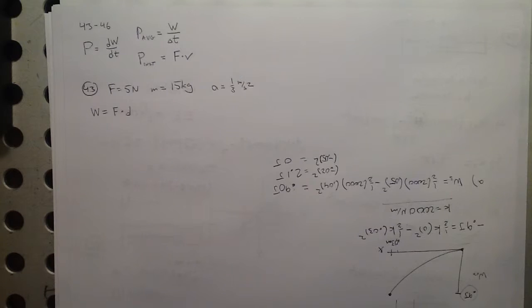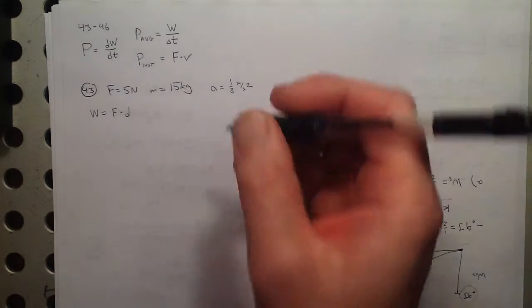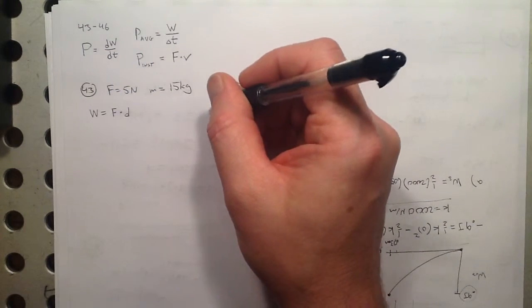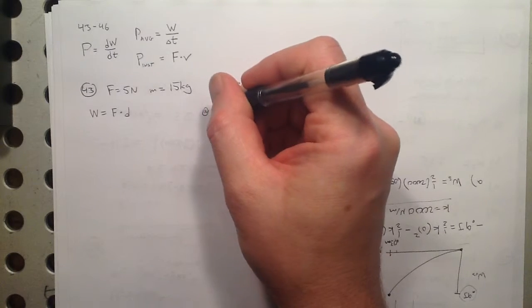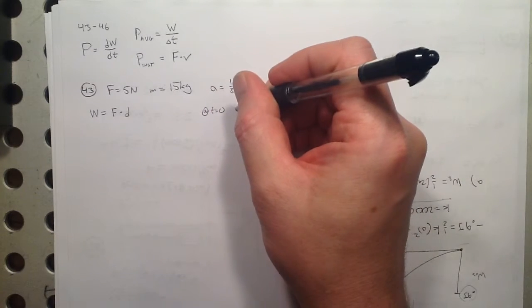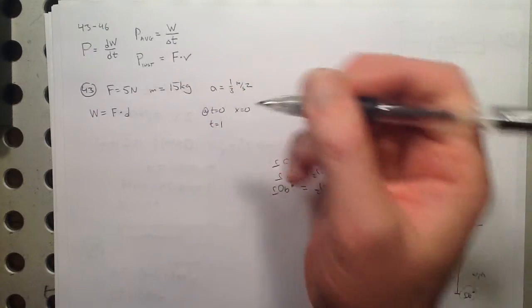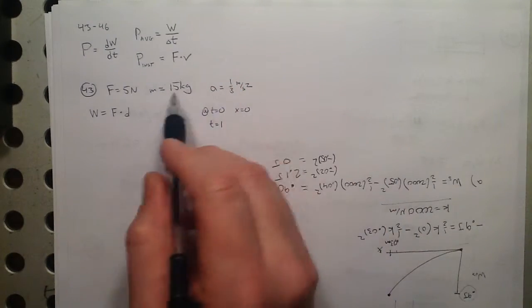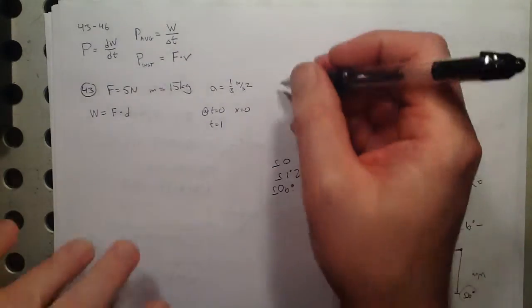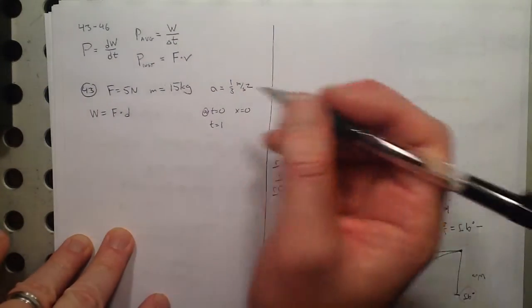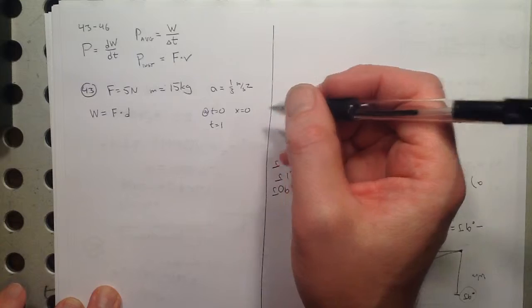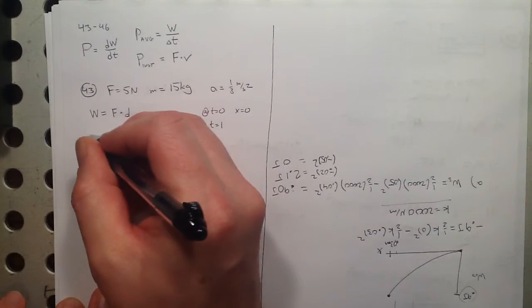Since I need these displacements, I need to know where it is at time 0. I know it's at position 0. At time 1, let's see, so a little bit of kinematics here. It's not very hard kinematics. I'll do this right under here.